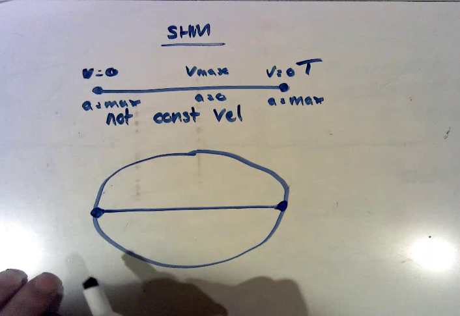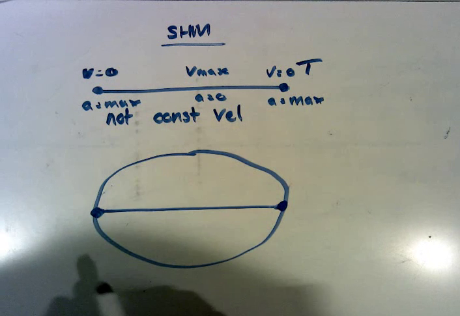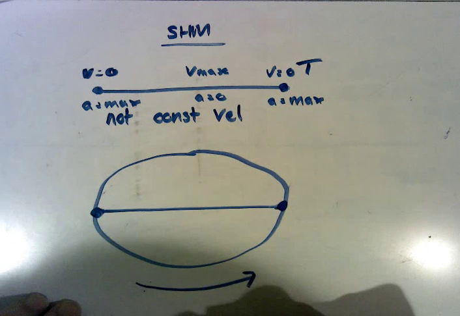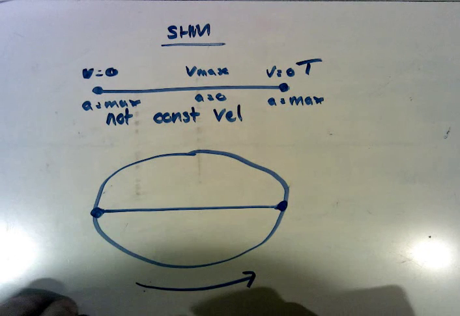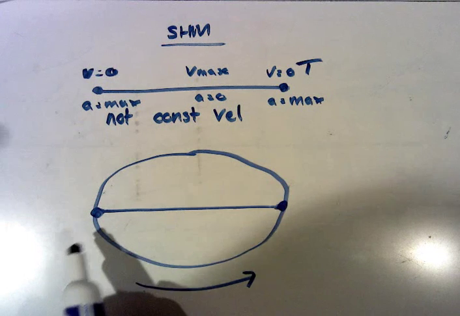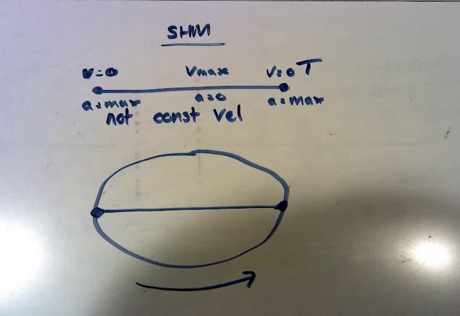Now, if we think about something moving around the circle, we can think about something moving around the reference circle and something going across our oscillation at the same time.